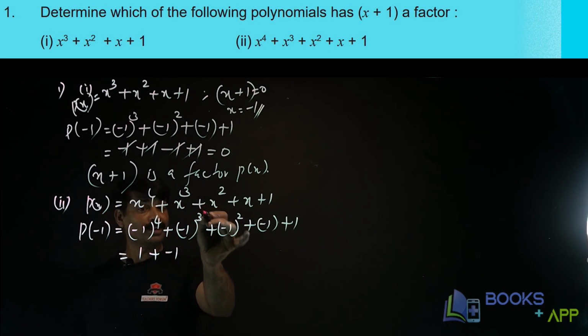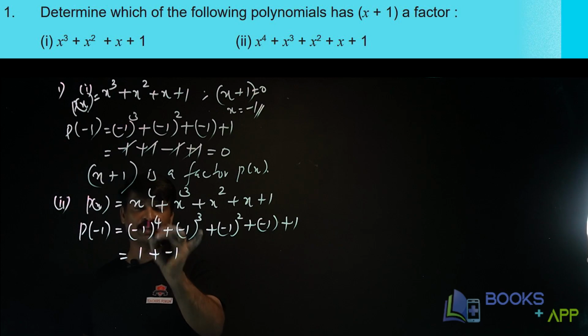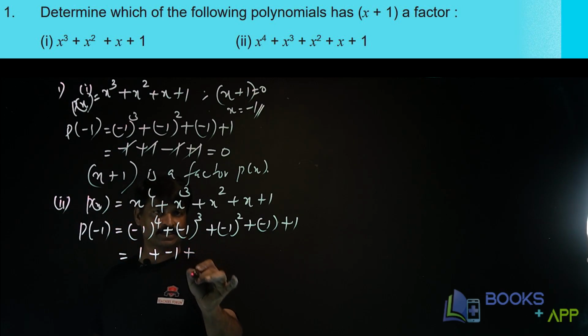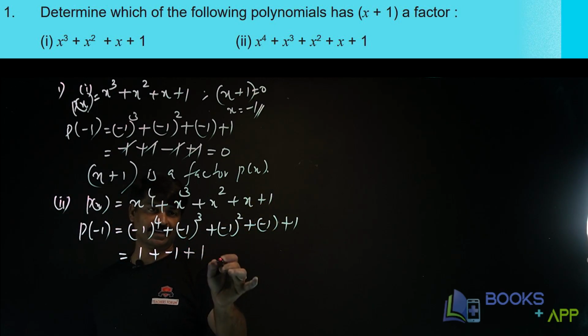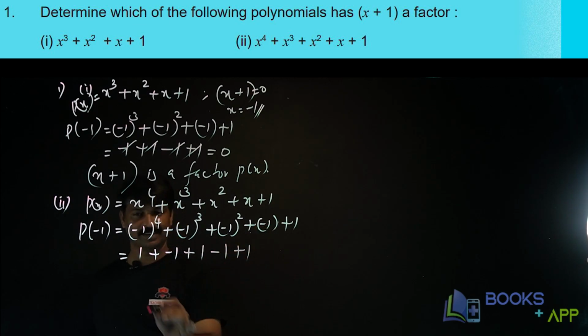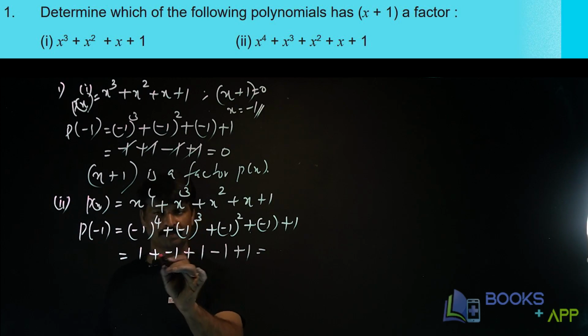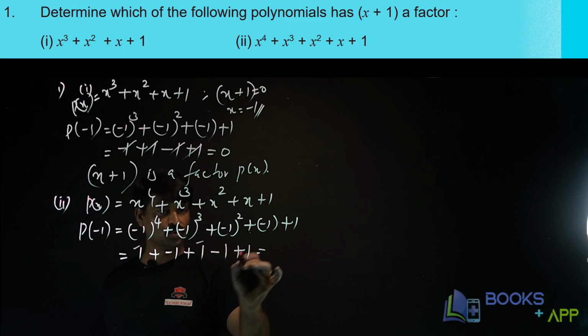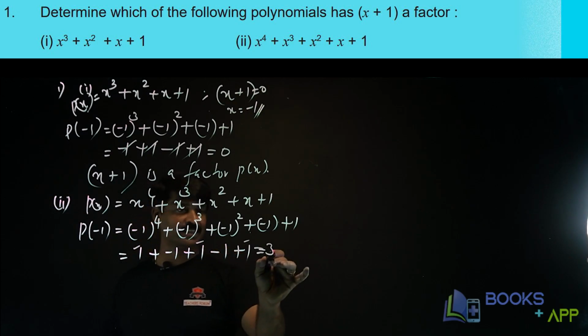So if it is odd, that will be minus; if it is even, that will be plus. Plus minus 1 square, that is plus 1. Plus into minus, that is minus 1. Plus 1. The positives: 1 plus 1, 2 plus 1, that is 3. Negative numbers, minus 1 minus 1, that is minus 2.